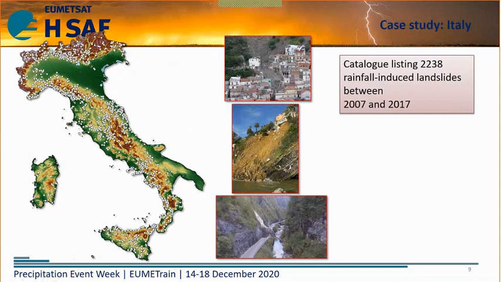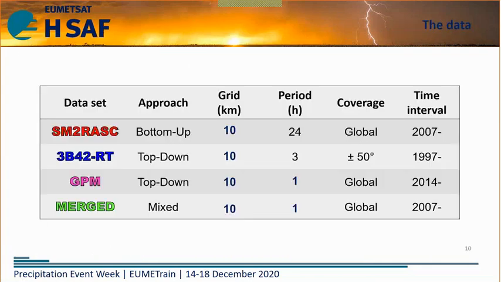We tested the capability of 4 different satellite rainfall products. Basically, we tested the performance of SM-to-rain derived rainfall, 2 top-down products, namely the 3B42 real-time product and the GPM Early Run product, and then we also tested the beneficial effect of integrating bottom-up and top-down approaches through the use of SM-to-rain rainfall estimates and the 3B42 product.